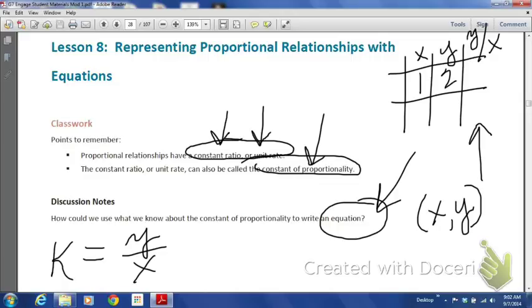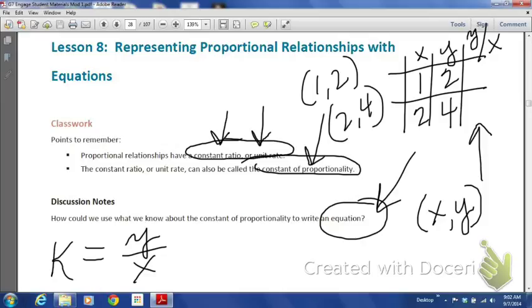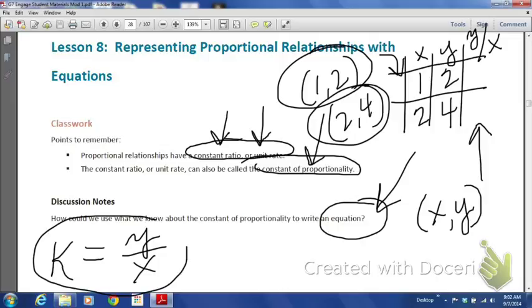Here's some data: our first ordered pair would be 1, 2, and the second one would be 2, 4. These ordered pairs come from some data source, which is usually an XY table.